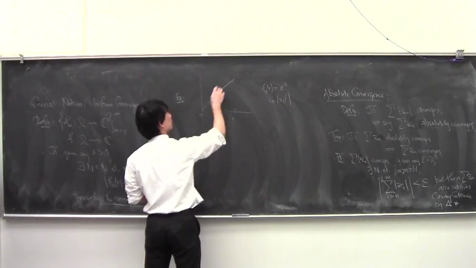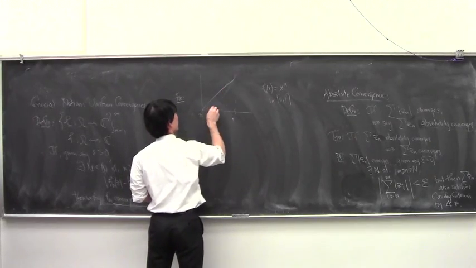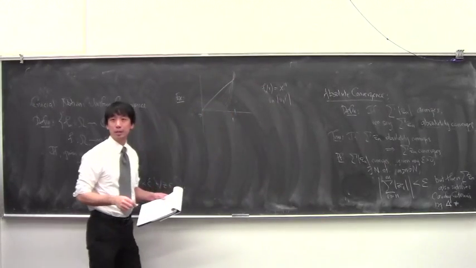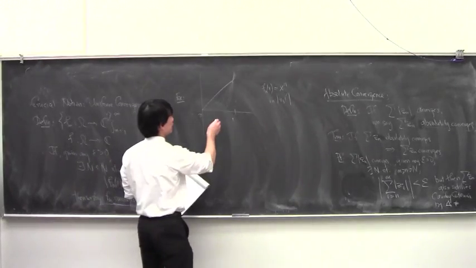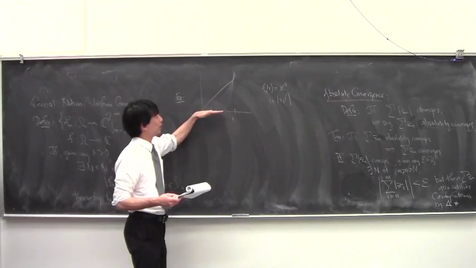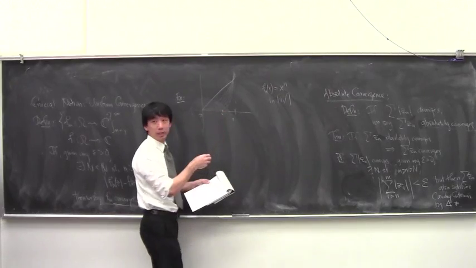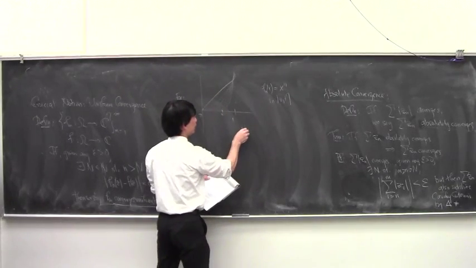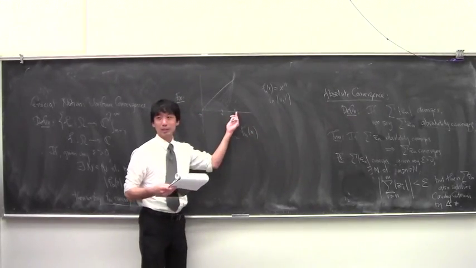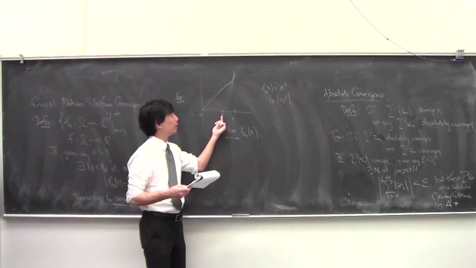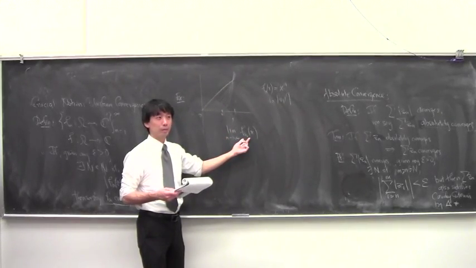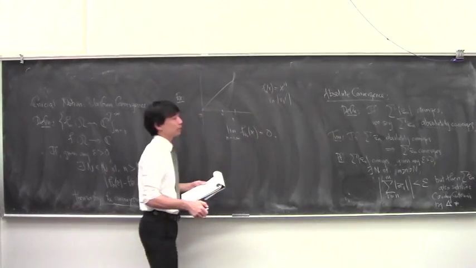Here's the first guy, x to the 1, x squared, x cubed, x to the 4th, x to the 5th, x to the 6th, etc. And you see, as time goes on, at each point, if I take any point here and look at fn of x as n goes to infinity, except for 1, let me ignore 1 for now, what's the limit going to be? It'll be 0.